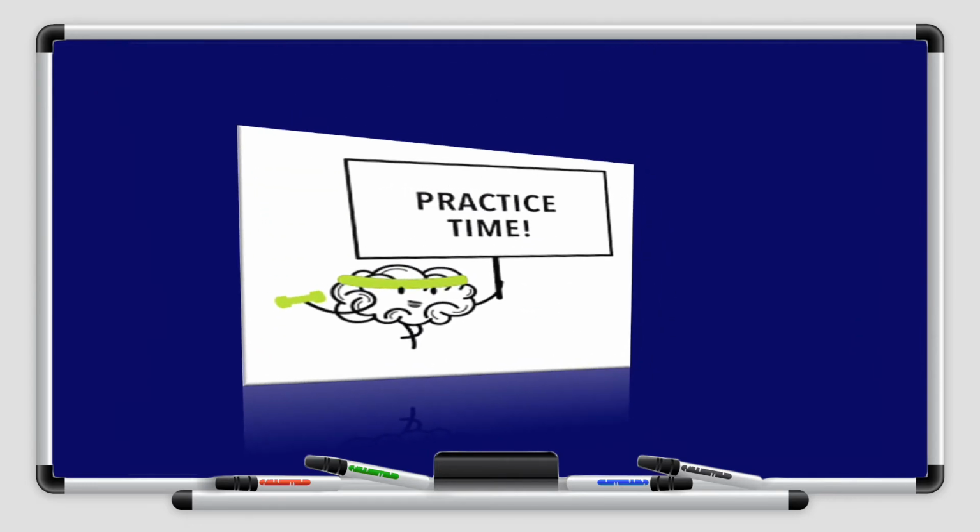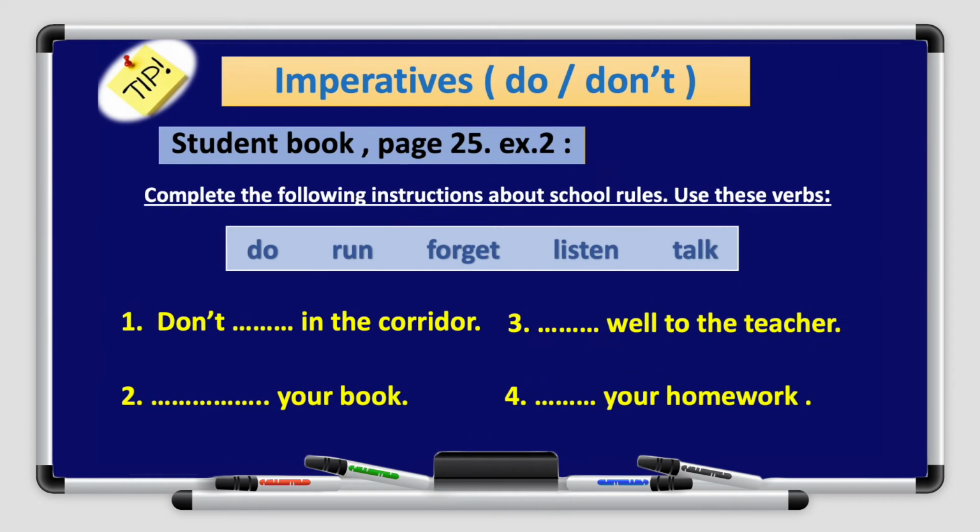It's practice time. In your student book, page 25, exercise 2. Complete the following instructions about school rules. Use these verbs: do, run, forget, listen, and talk. Read carefully the instructions and decide which verb you will choose. And now, let's check our answers together. Number 1, don't blank in the corridor.